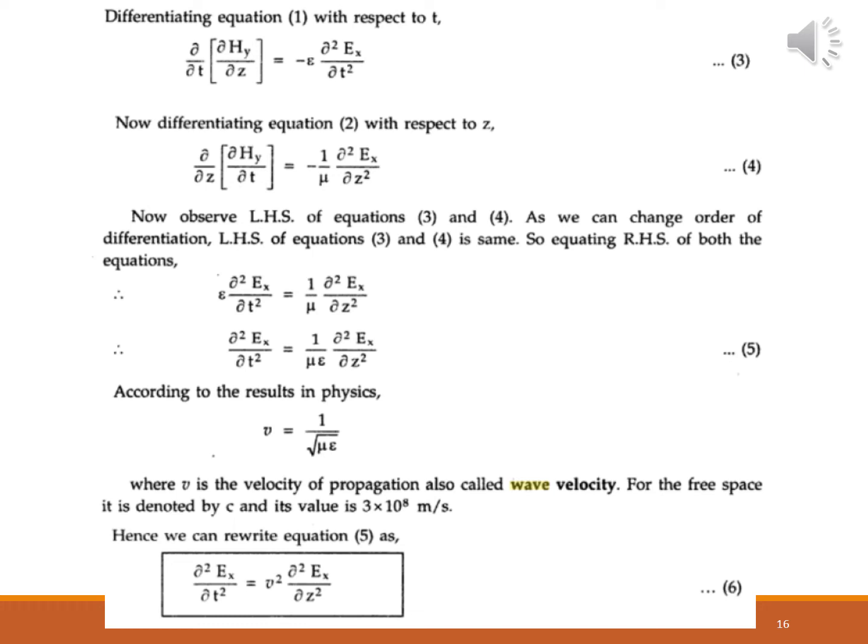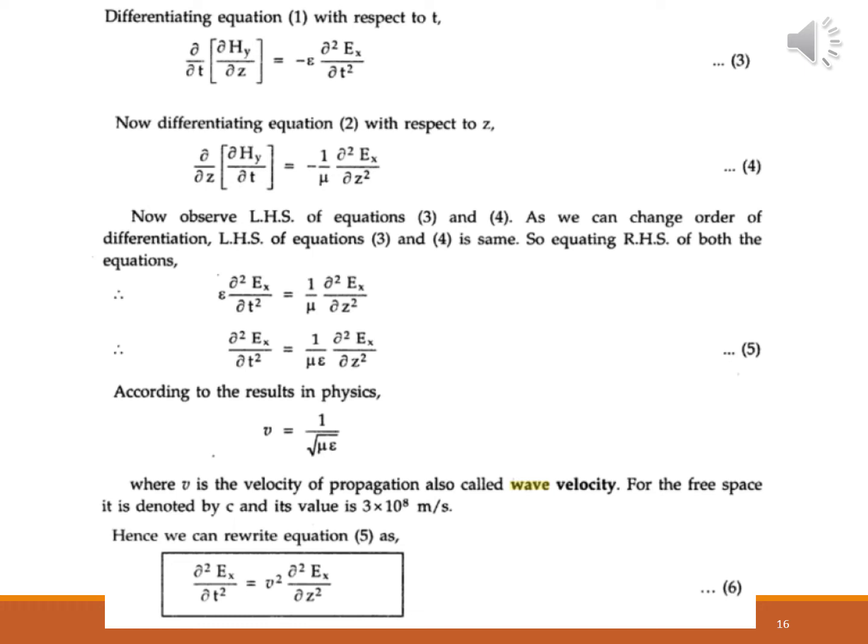Now, I hope all of you know that the velocity of light is 3 into 10 raised to 8 meter per second, the speed of light in free space. So this v is equal to 1 by root of mu epsilon, which is probably something that you've already studied in physics. Here also the 1 by mu epsilon term, I can write as v square.